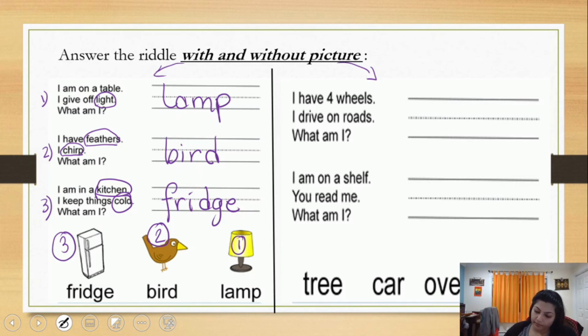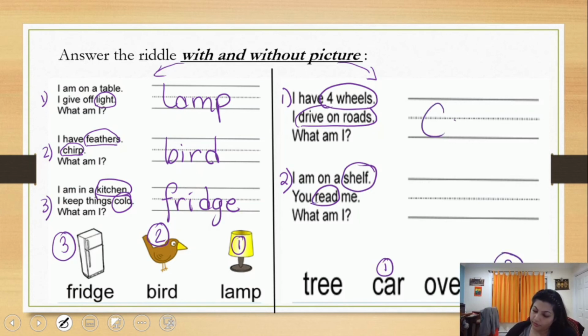Similarly, I would number these. I have 4 wheels, keyword. I drive on roads. So, car. I am on a shelf. You read me. Read me, shelf. So, book.